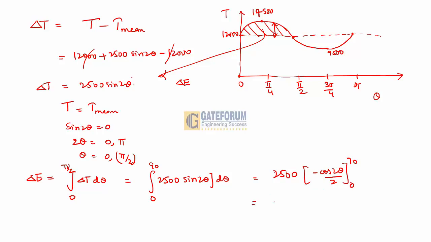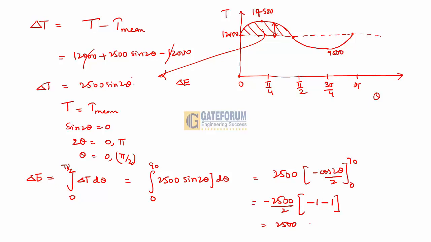Taking the minus sign out, cos 180 is minus 1, and cos 0 is 1. So upper limit minus lower limit, this will be equal to 2500. 2500 will be the fluctuation in energy.